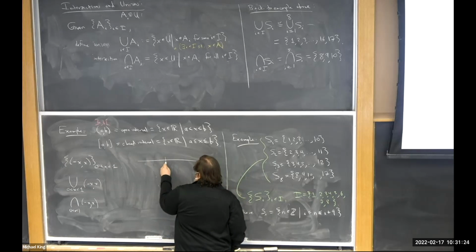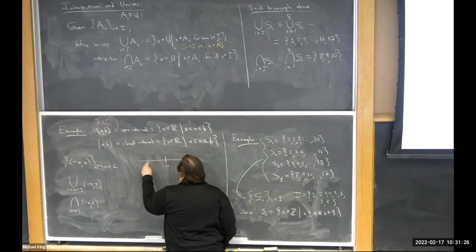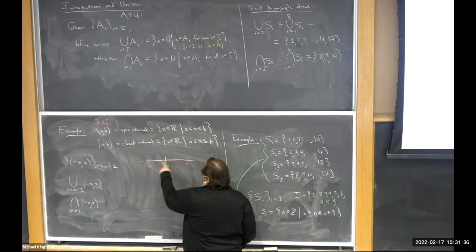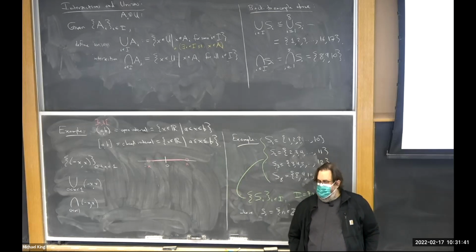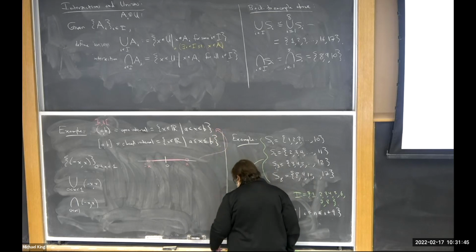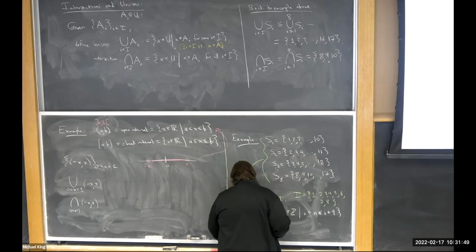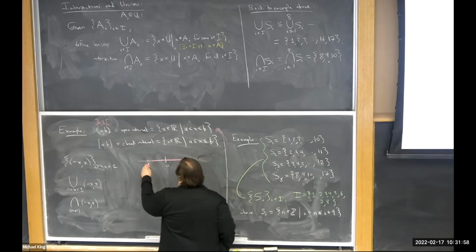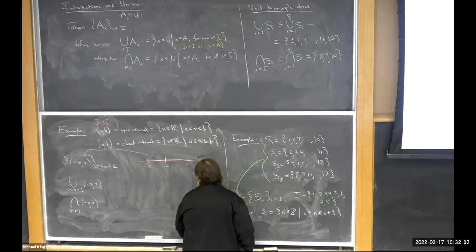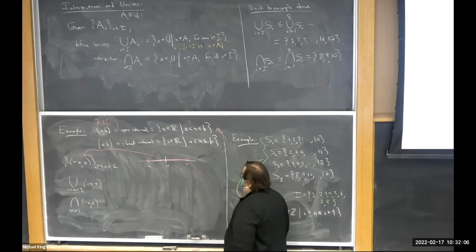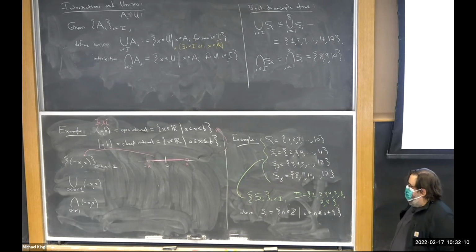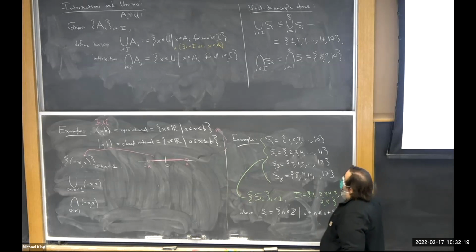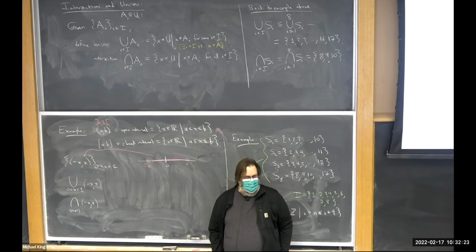I guess all I'm doing here is saying that sometimes people put open bubbles to mean not including the endpoint. Now you can do infinite unions and infinite intersections.